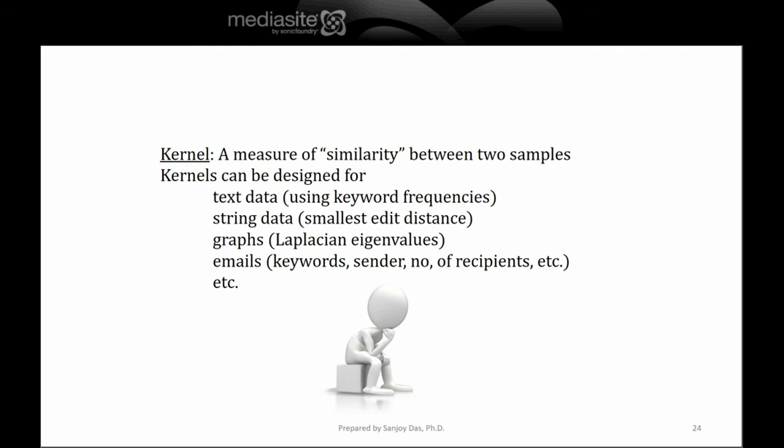For graphs, effective kernels can be devised using Laplacian eigenvalues, and we can devise kernels for emails using keywords, the senders, the number of recipients, and so on. So in an actual application, one of the main tasks is to select a good kernel. That's the end of this lecture.